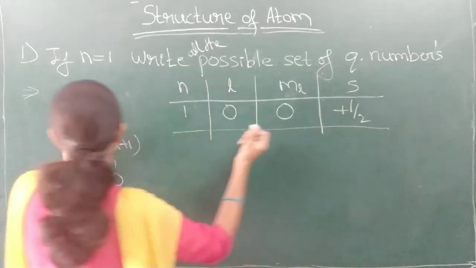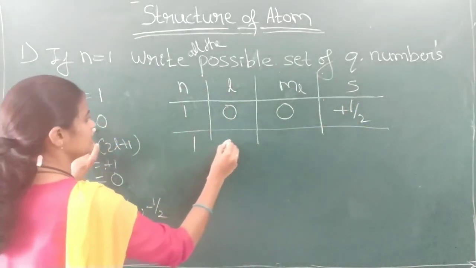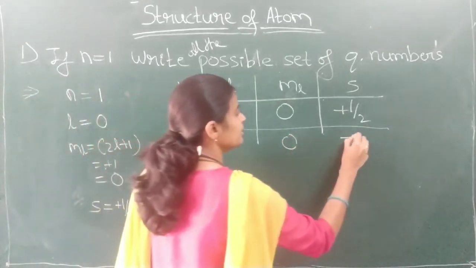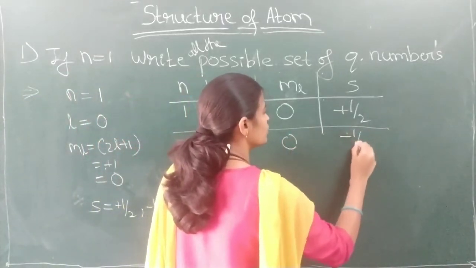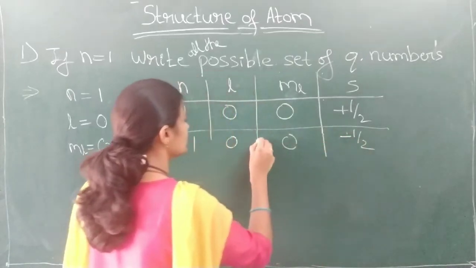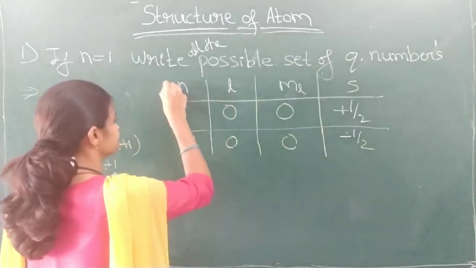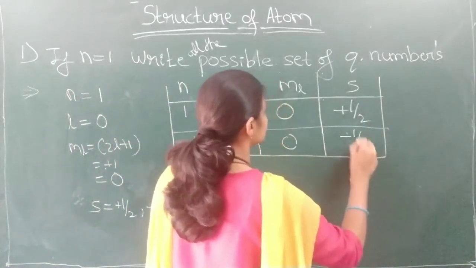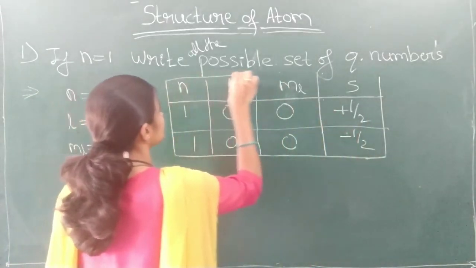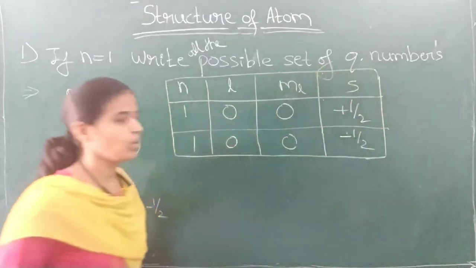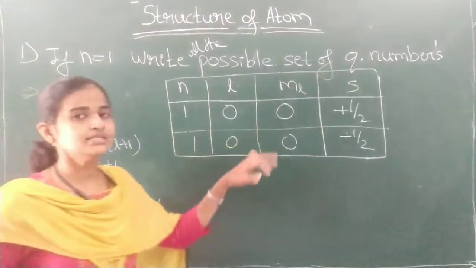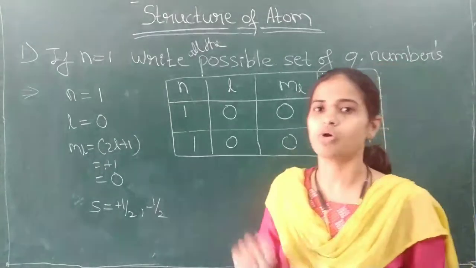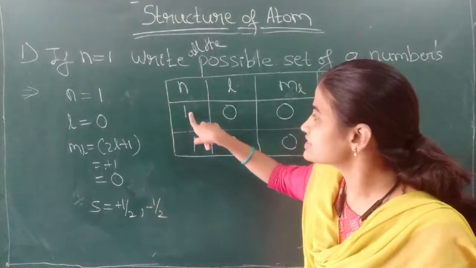Second one: n is 1, l is 0, ml is 0 and s may be minus half also. We don't know whether it is spinning in a clockwise or anti-clockwise direction. What are these numbers? These numbers are the address of 2 electrons which are present in the first shell.